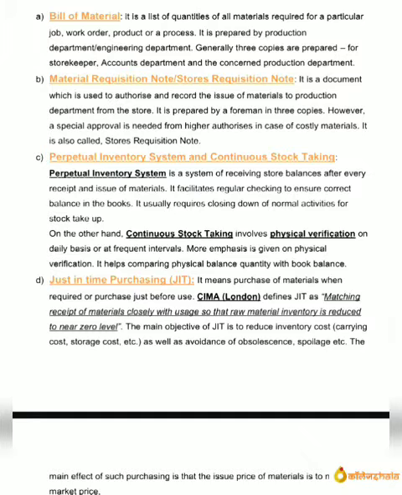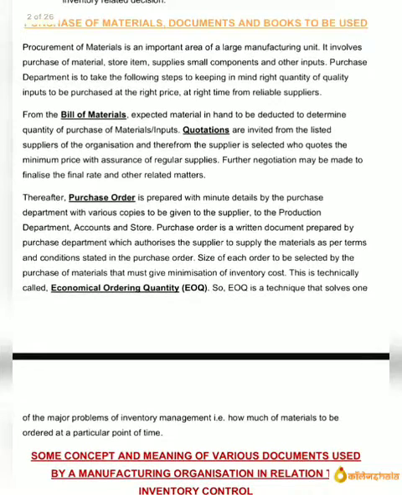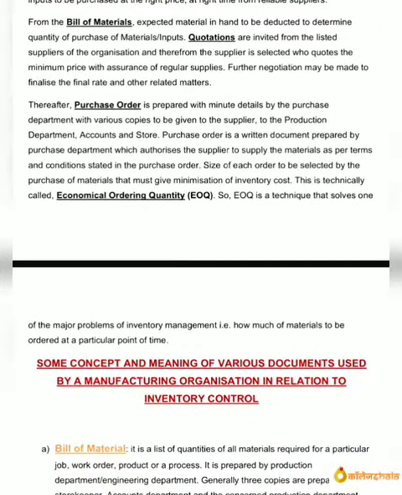A purchase order is technically a written document which authorizes the supplier to supply the material as per the terms and conditions stated in the purchase order. Now, the size of each order to be selected by the purchaser of material must give minimization of inventory cost. This is technically called economic ordering quantity, which will be discussed later on in detail.